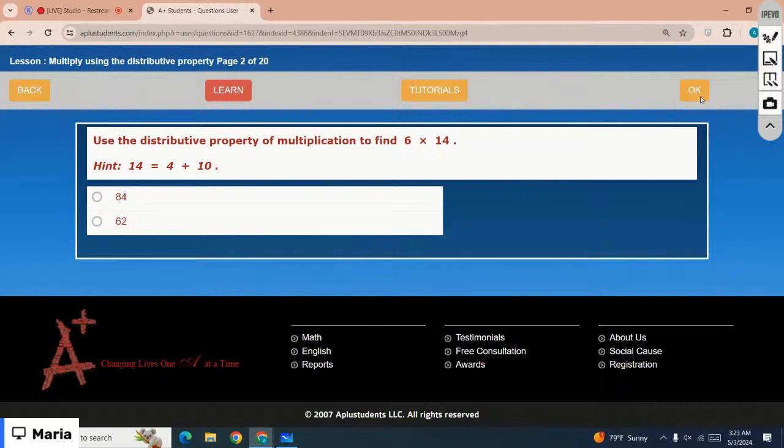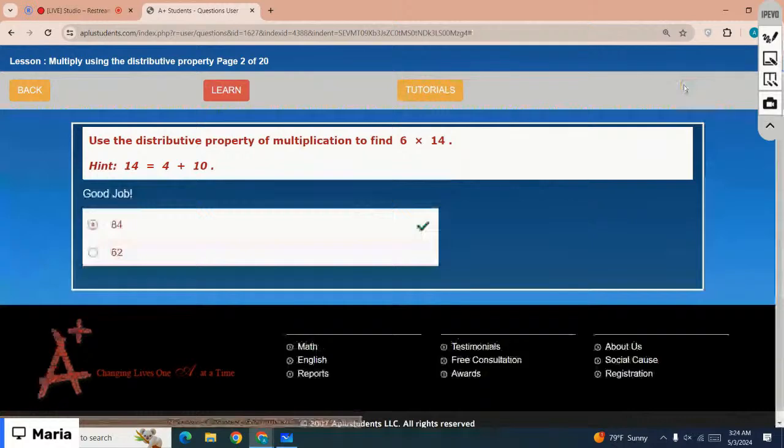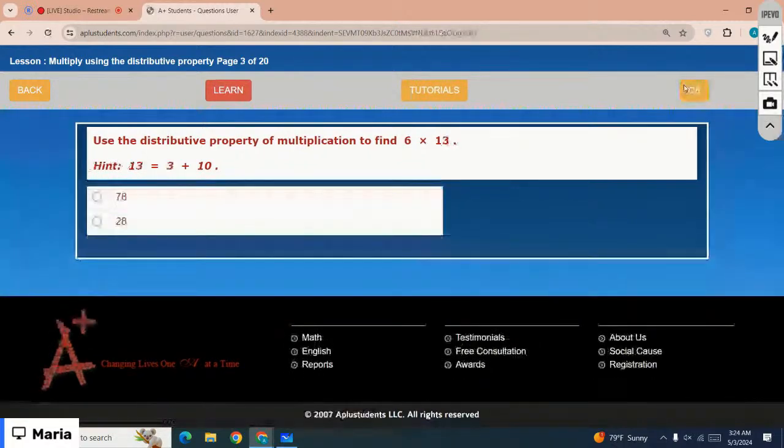The correct option is 84. It is option number 1, right? So you need to multiply by using the distributive property. That is important. The next one is use the distributive property to multiply 6 times 13. So which is the correct option?